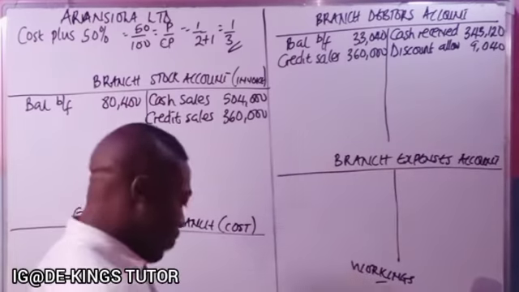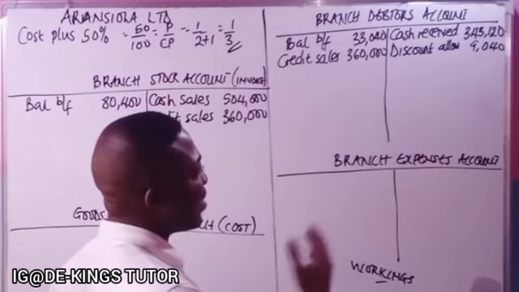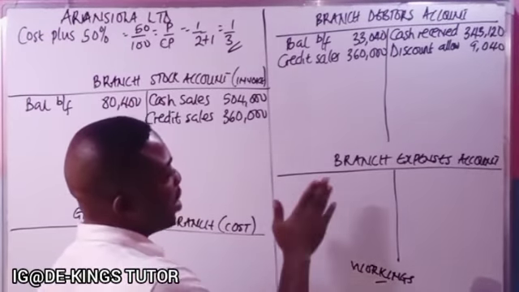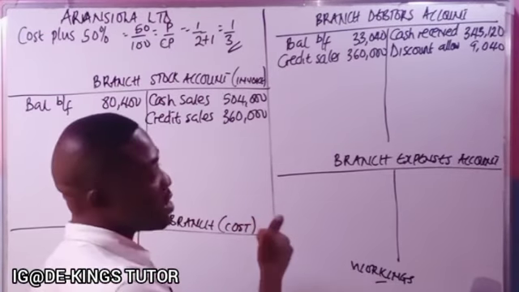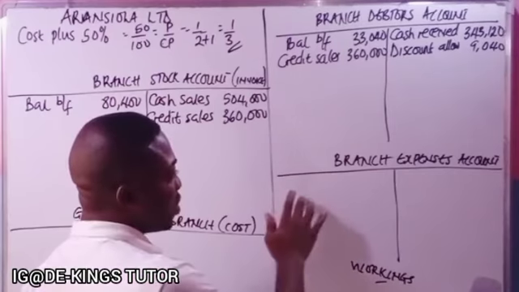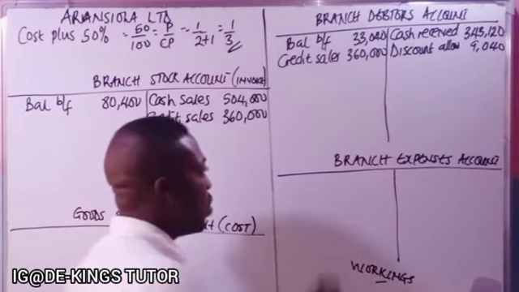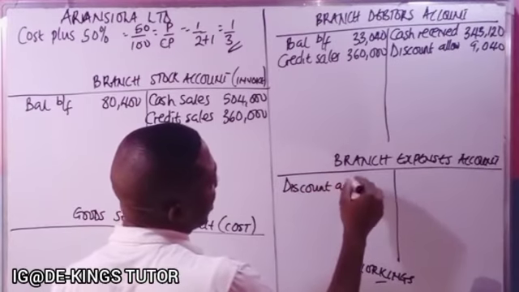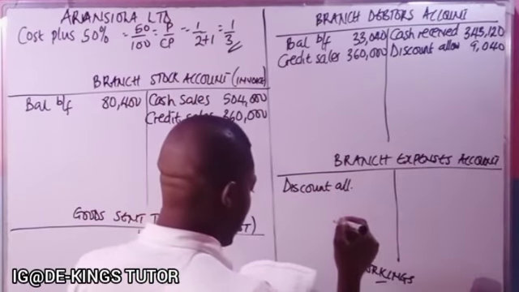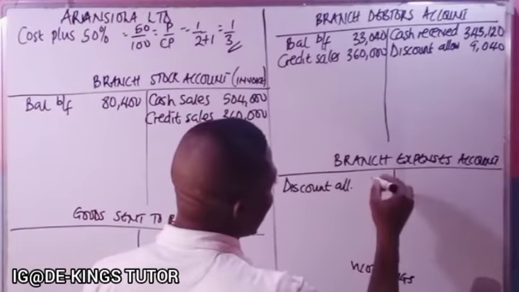Since we're not preparing the discount allowed account, we can also debit the branch expenses account, because if we close it to the discount allowed account, we can post it to the branch expenses. So the discount allowed can come here: 9,040.